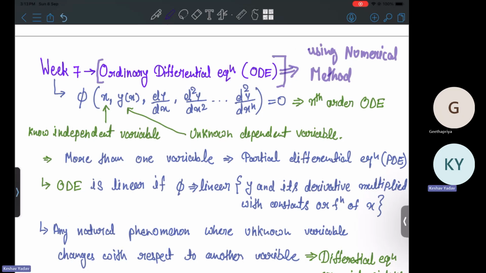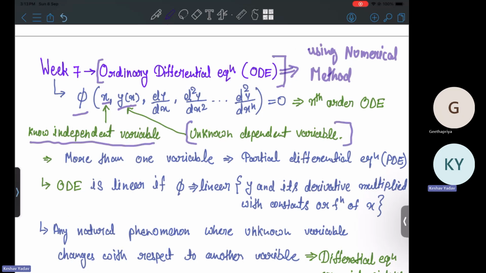Before going to the numerical solvers for ordinary differential equations, let us revise some of the basics. In general, an ordinary differential equation can be written as some function phi, which is a function of x and y. Here x is the known independent variable and y is the unknown dependent variable.